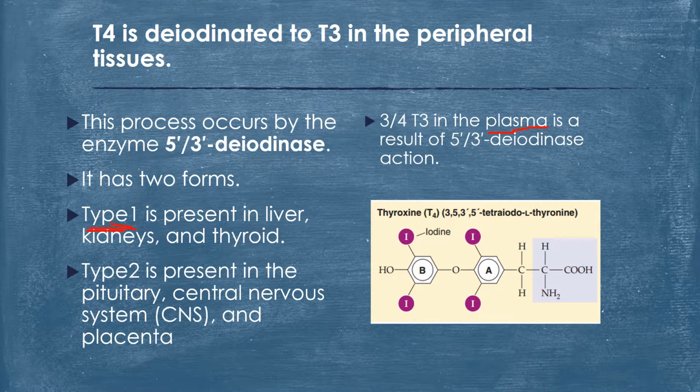There is one clinical relevance here: in caloric restriction or starvation, this will result in decreased T3 plasma levels. Why? Because the body will compensate by decreasing the BMR, the basal metabolic rate, or the energy expenditure of the body, by decreasing the production of the thyroid hormone.